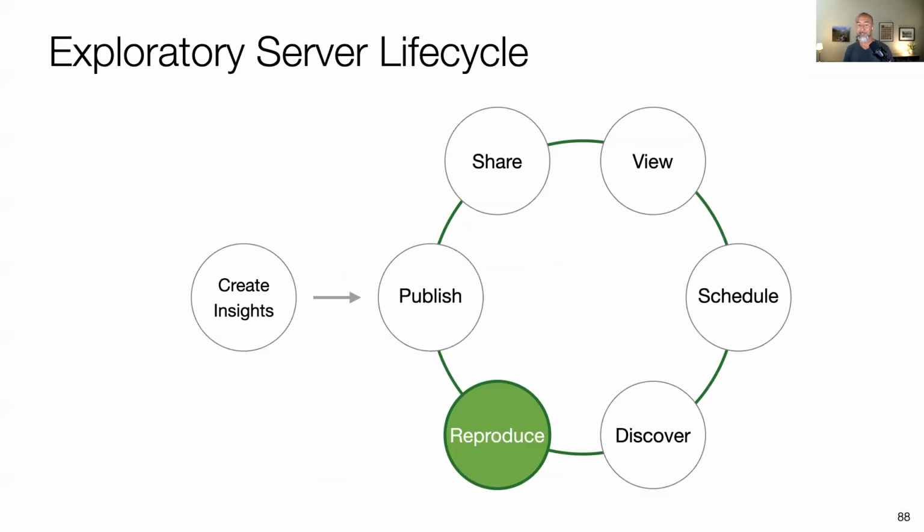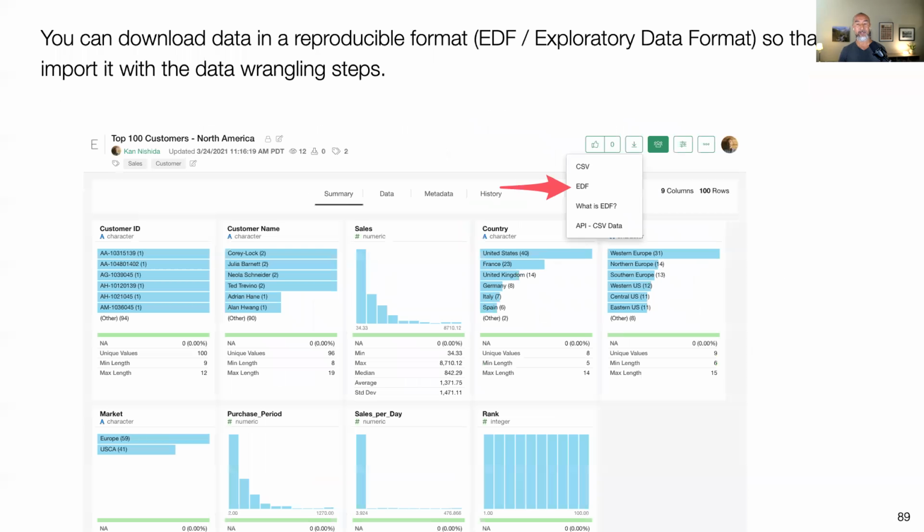And then the last, but not least, is reproduce. Okay, so reproducibility is really important for any data analysis or any data science project. And for Exploratory, that's really the foundation of how we designed the first version. When you create the data, transform the data, create the charts, whatever, the first time you're busy and just focusing on getting the job done.